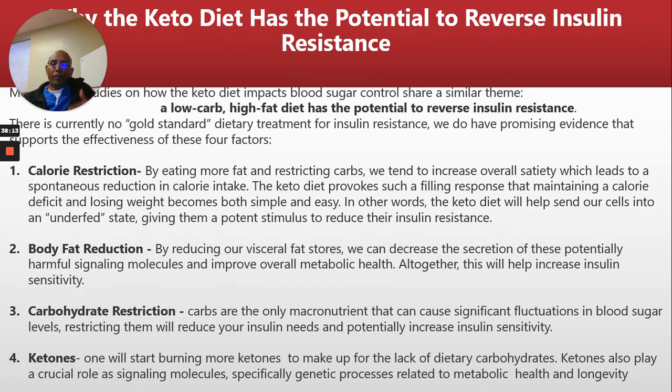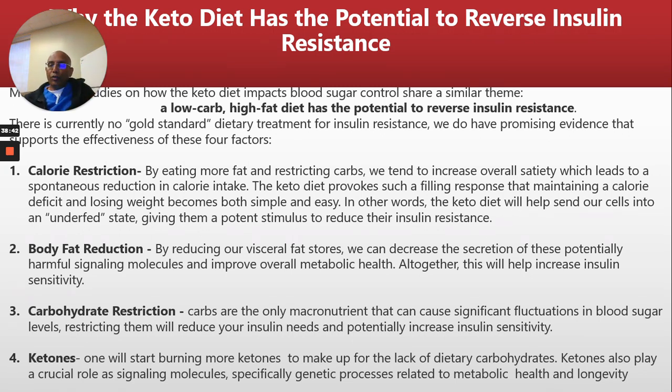So we are burning our visceral fat, and there is potentially improved signaling molecules, and also improving metabolic health happens. Carbohydrate restriction is one way, wherein the only macronutrient that causes significant fluctuations in blood sugars is the carbohydrate. By restricting them, we are restricting the spikes, and that increases the insulin sensitivity when the insulin spikes and glucose spikes from carbohydrate intake are not there.